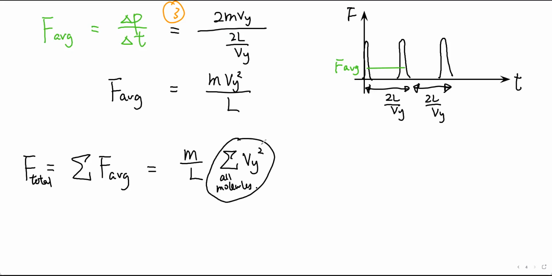So you need to know that all the molecules are moving at different speeds. So when you take this sum, how can we do it? There are big N molecules, times the average of Vy squared.